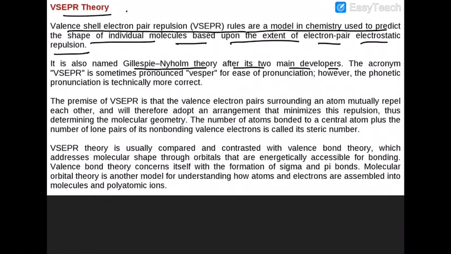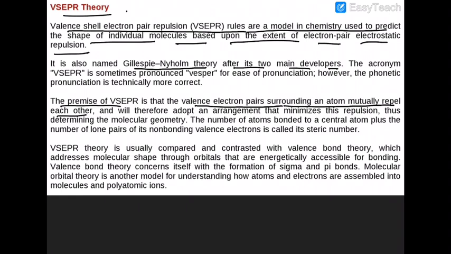The premise under which the VSEPR theory is applicable is that the valence electron pairs surrounding an atom mutually repel each other.